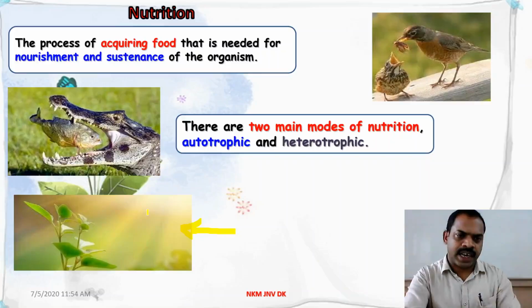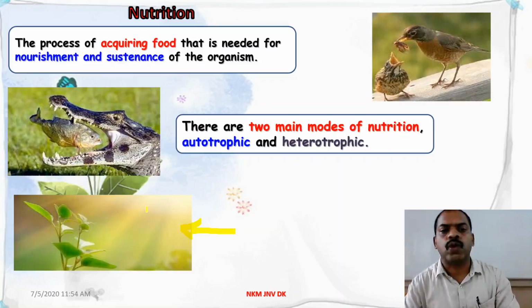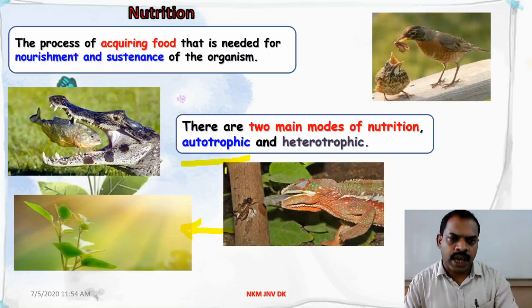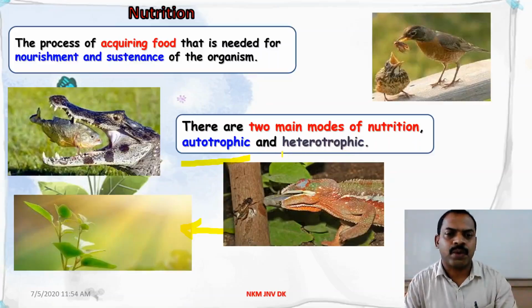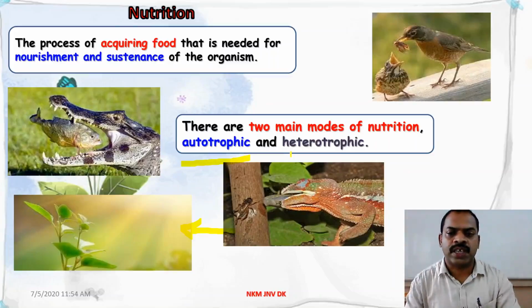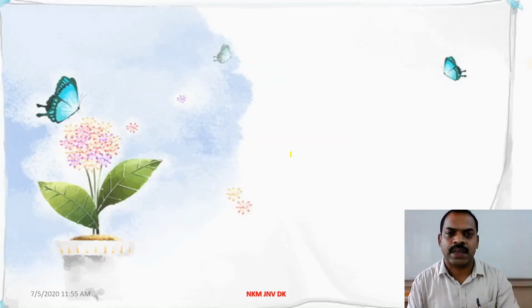By using sunlight, it can produce its food, glucose. So we categorize them as autotrophs. But the three animals shown over here come under heterotrophs because they cannot produce food like that. That is what we are going to study in detail in this chapter.